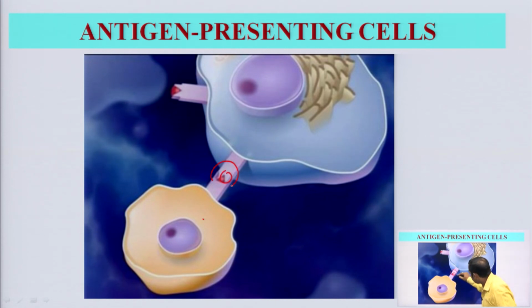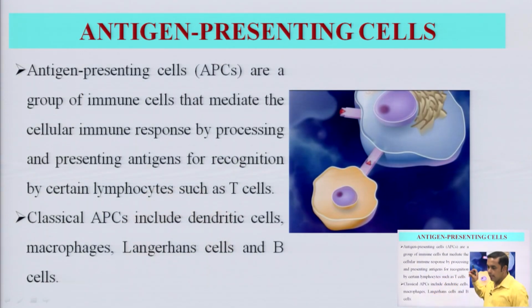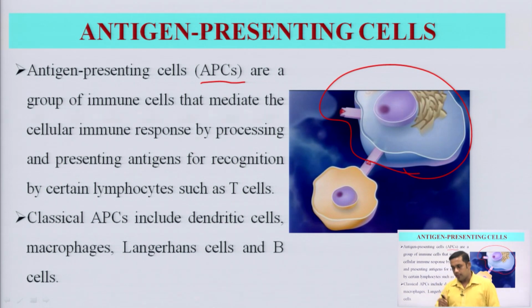This complex is very important, because from this complex the concept of MHC and the antigen presenting cell, which I mentioned at the beginning of my lecture, comes. This cell is known as the antigen presenting cell.